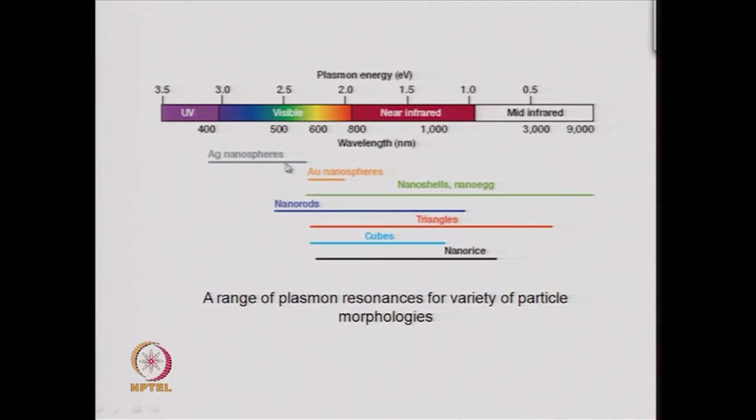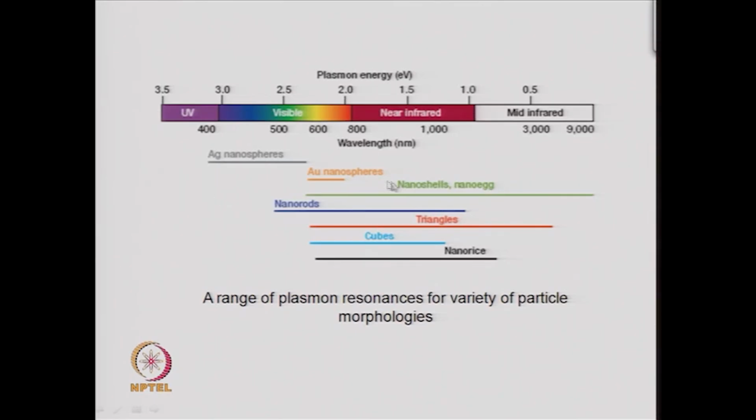So, there is a broad range of plasmon energies for silver nanospheres, starting from around 410, 420 nanometers to approximately 580 nanometers. It is a big energy region. That means, with silver nanospheres you can get different energies from the green to the violet by changing just the size of the nanospheres of silver.